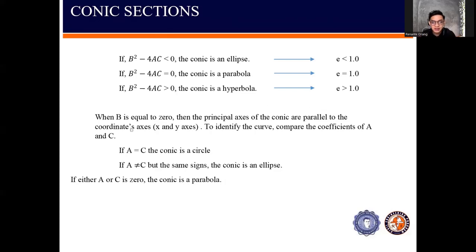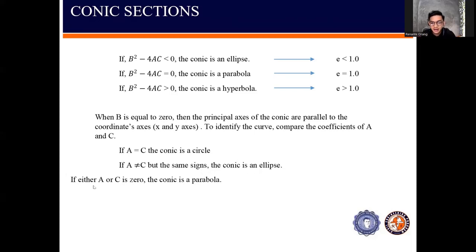So when b is equal to 0, then the principal axes of the conic are parallel to the coordinate axes, the x and y axis. To identify the curve, compare the coefficients a and c. If a is equal to c, the conic is a circle. If a is not equal to c but they have the same signs, the conic is an ellipse.